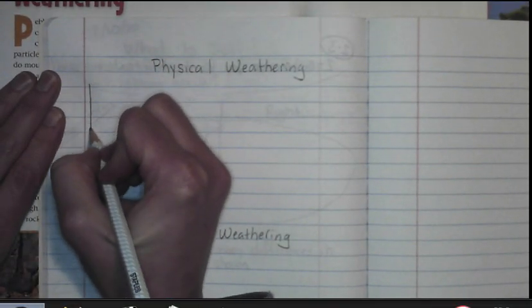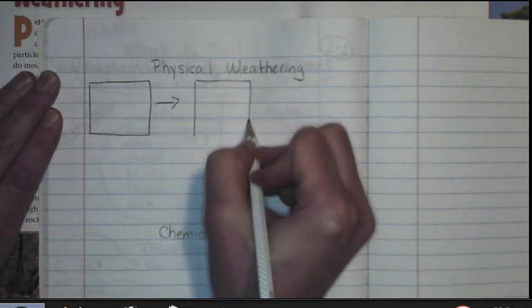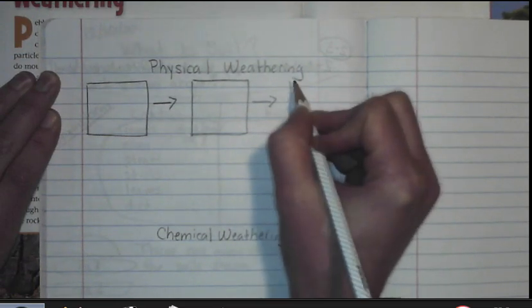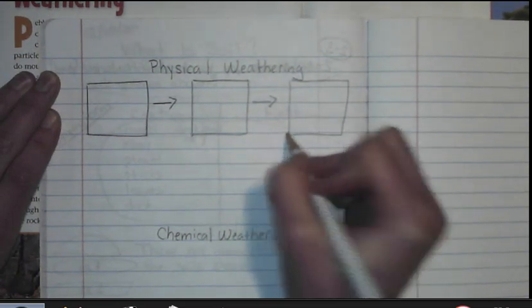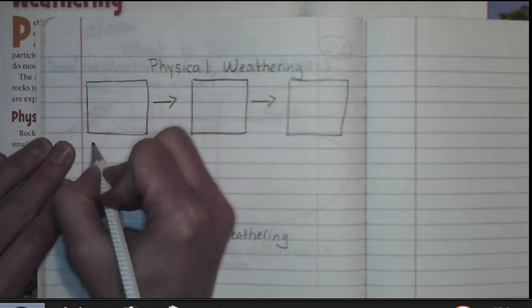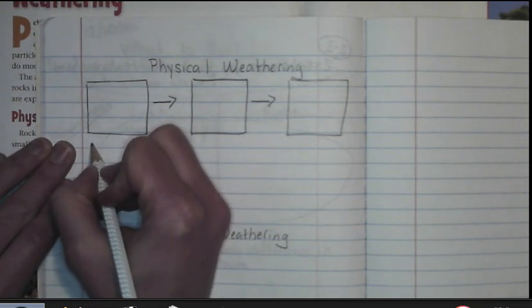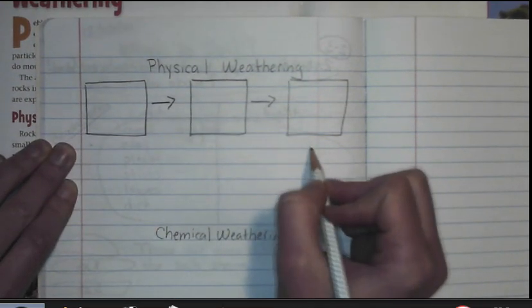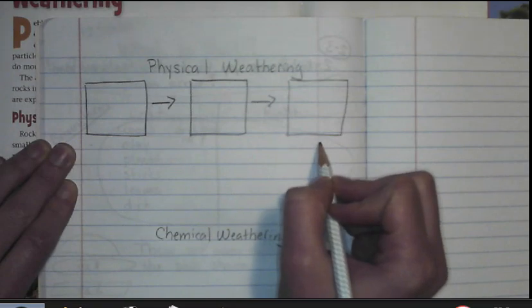In a flowchart, we get to draw and show what happens to things over time. So we're going to make a 3-part flowchart for physical weathering, where a piece of rock, how it might start in the beginning, something happens to it in the middle, and then what it looks like at the end.